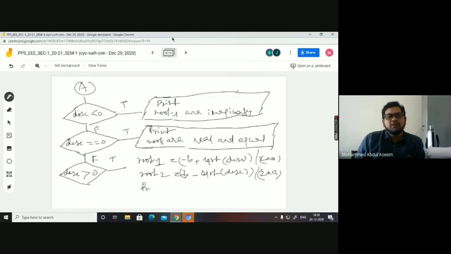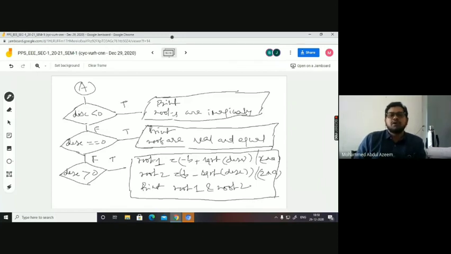Then you print the same, yes or no? Print root 1 and root 2. This whole has to be represented in a rectangle, yes or no? Because you are performing an arithmetic logical operation. A print you can do with the help of a parallelogram anyway.